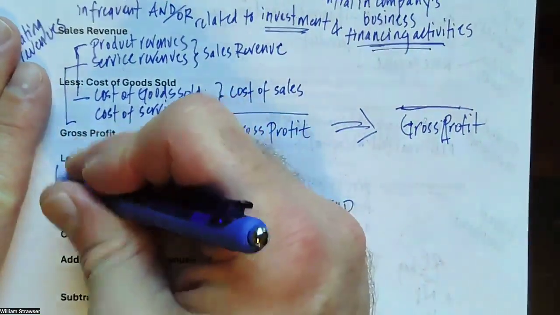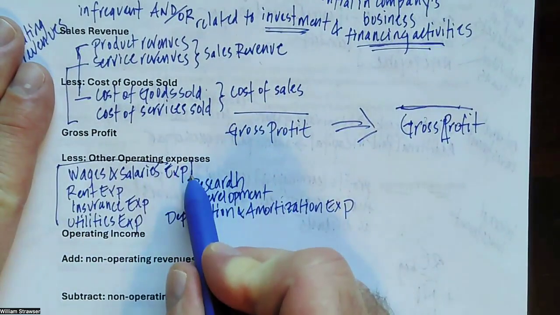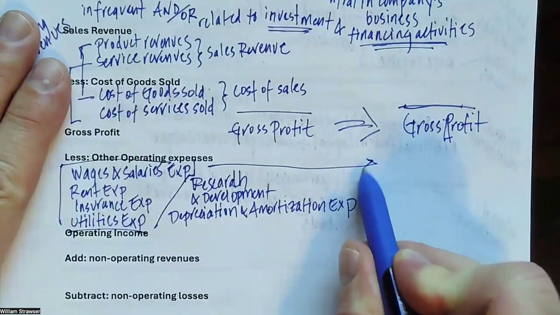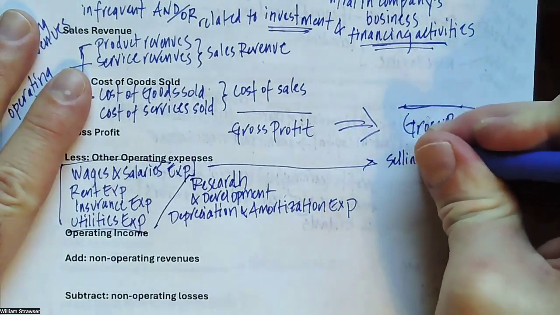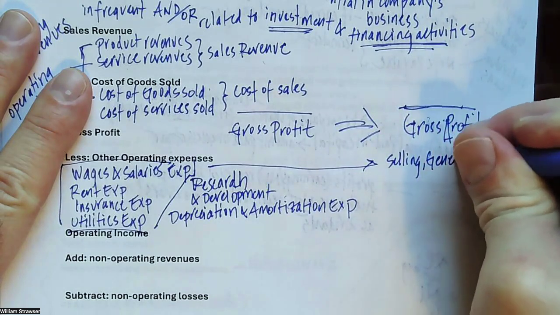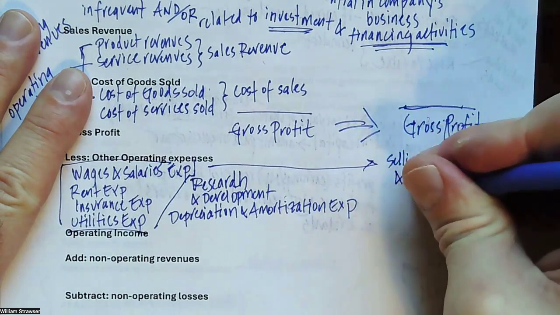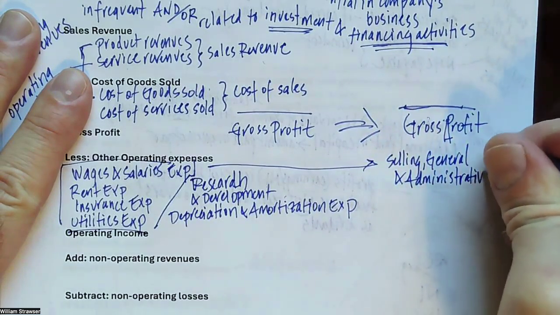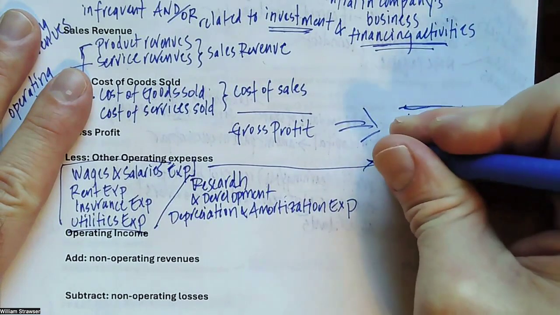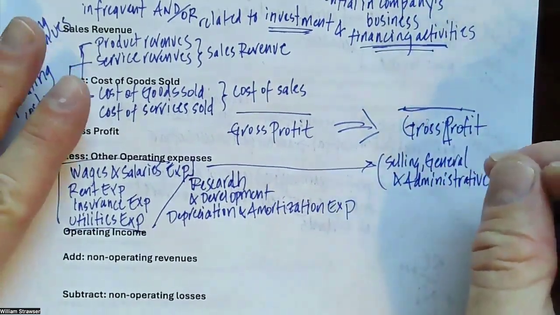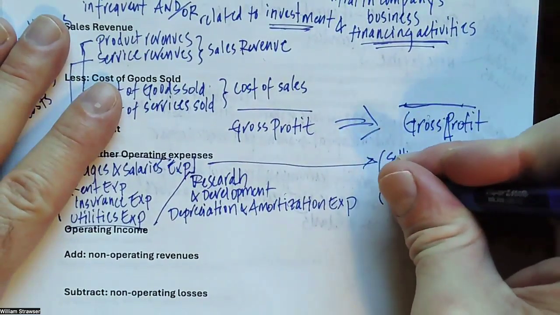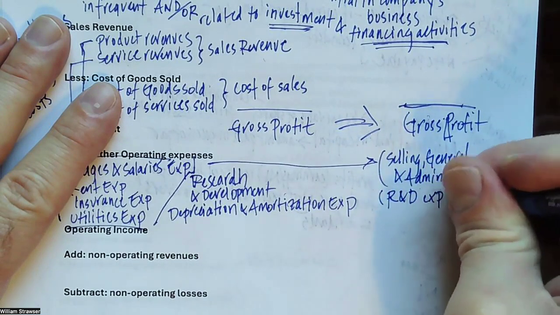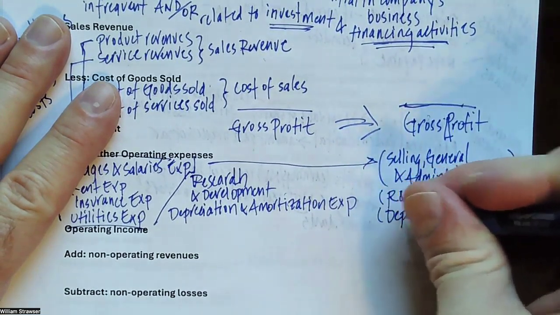They will put most of these very common expenses into a single category called selling, general, and administrative expenses. So it's just a catch-all title to collect a lot of these operating expenses in one place. Now, the ones that are a little more specialized, they tend to separately delineate, like R&D expense and depreciation and amortization.